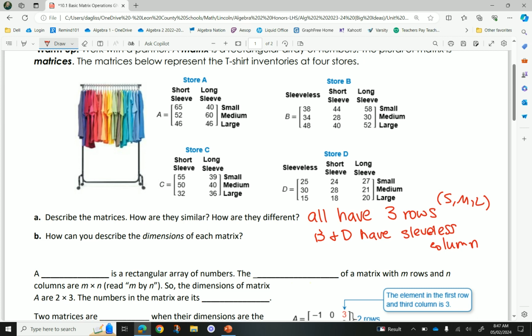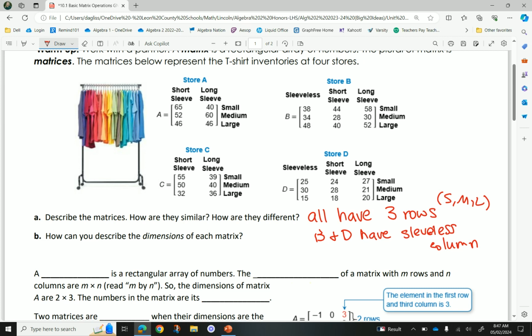All right, so using those words, how can we describe the dimensions of each matrix? How would we describe the dimension or the size of something? Like a 2 by 3 or a 3 by 2, right?